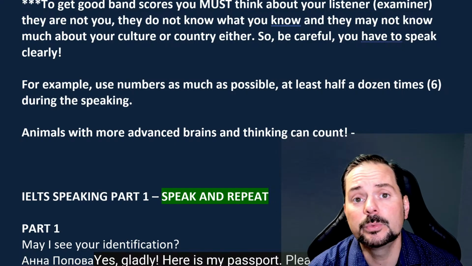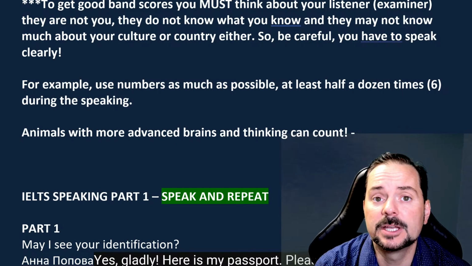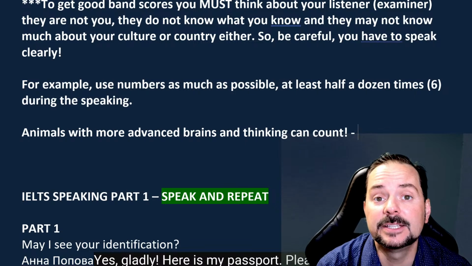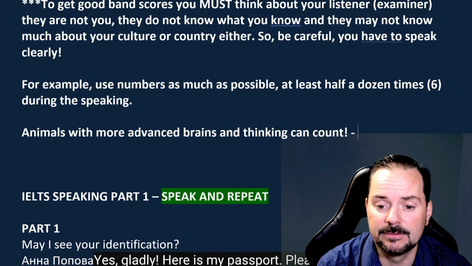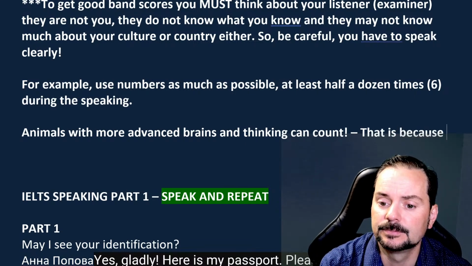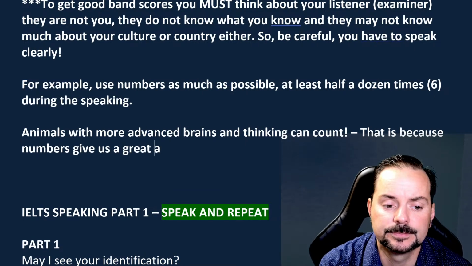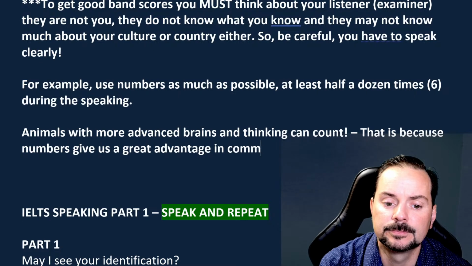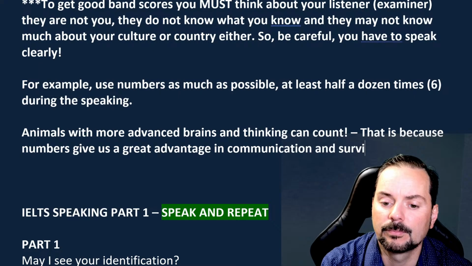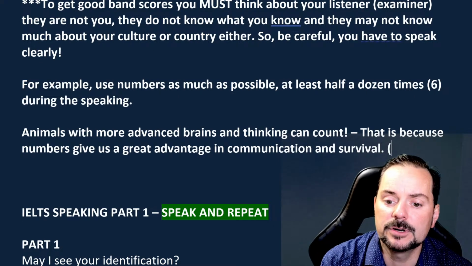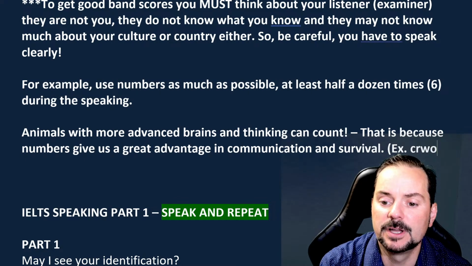And there's a very good reason for that, okay? It's because numbers give us an advantage in communication and survival. Okay, for example, crows, just a fun fact for today.